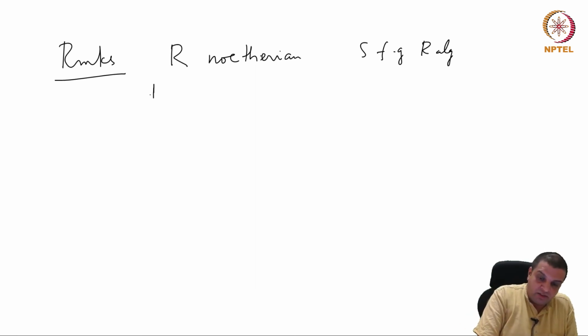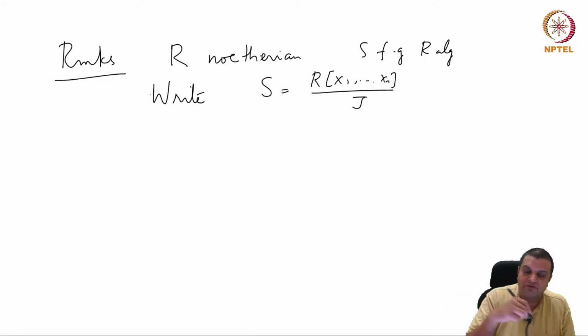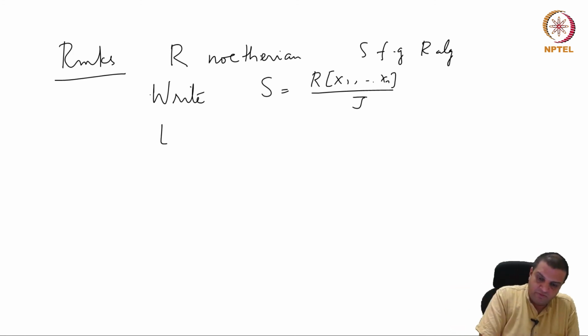So then write S as some polynomial ring modulo J. This was the remark earlier, where J is an ideal of the polynomial ring. To show that S is Noetherian, it is enough to show that the polynomial ring is Noetherian.